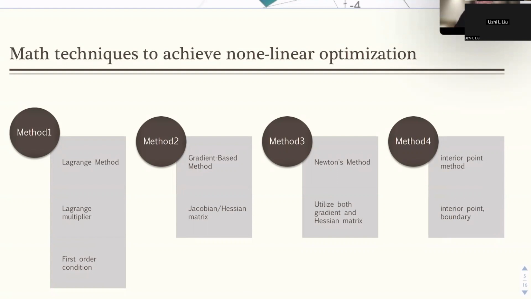It requires a lot of knowledge about the Jacobian and Hessian matrix. The third method is known as Newton's method. It utilizes both the gradient and the Hessian matrix to allow us to optimize the function. And last but not least, the method is the interior point method.